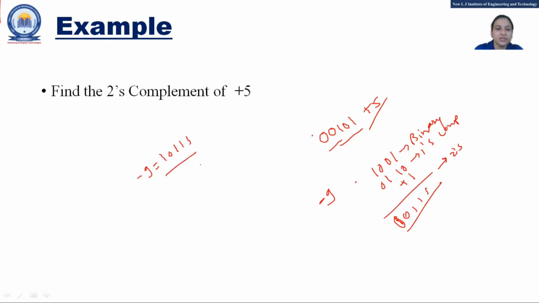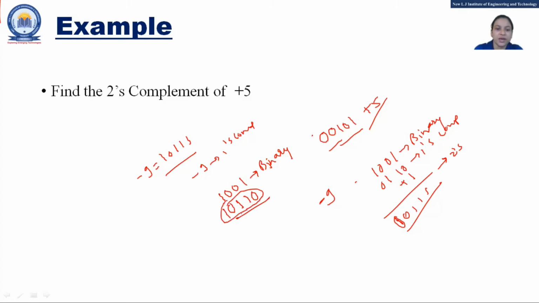If I want this minus 9 using 1's complement, first I have to write the binary equivalent, that is 1, 0, 0, 1. Now I have to find the 1's complement, that is 1 is replaced with 0, 0 is replaced with 1, 0 is replaced with 1, and 1 is replaced with 0, right? And I have to add one extra 1 bit to represent the negative number.